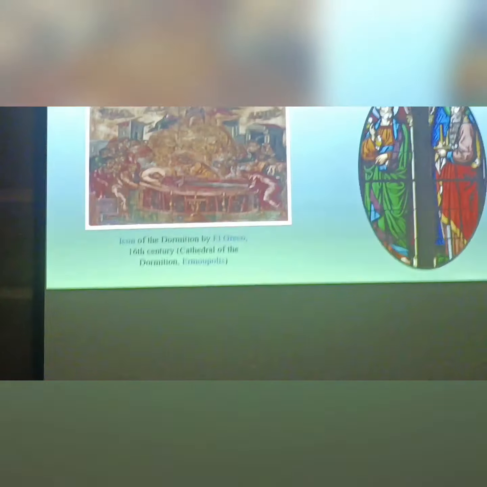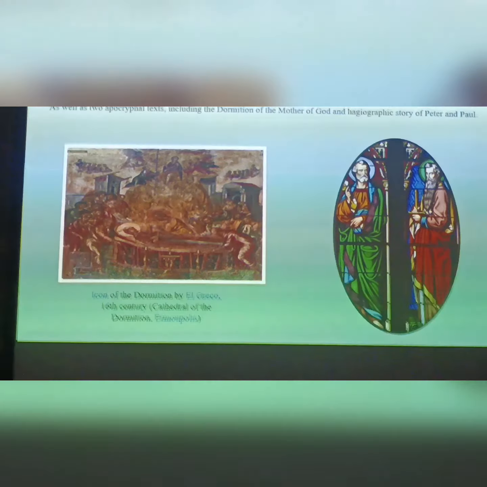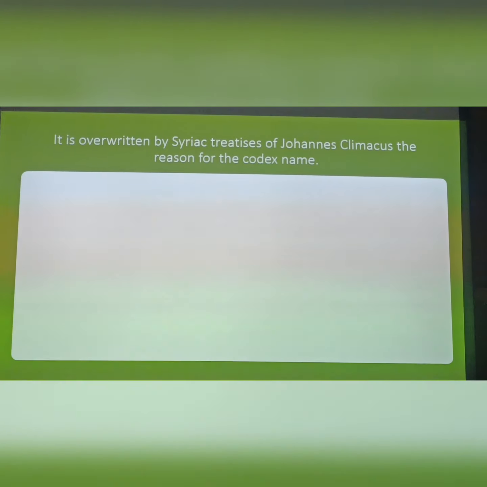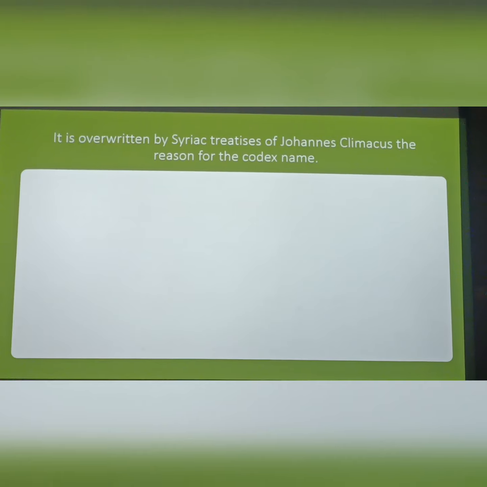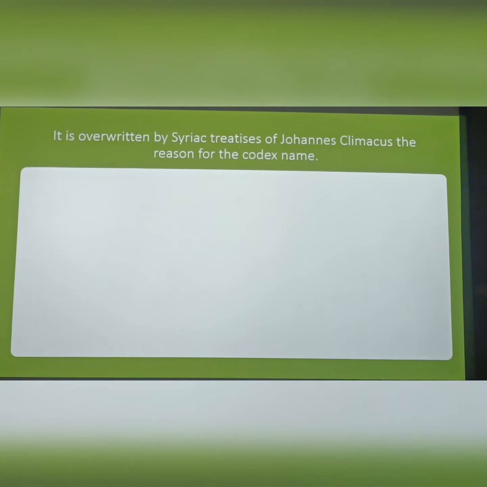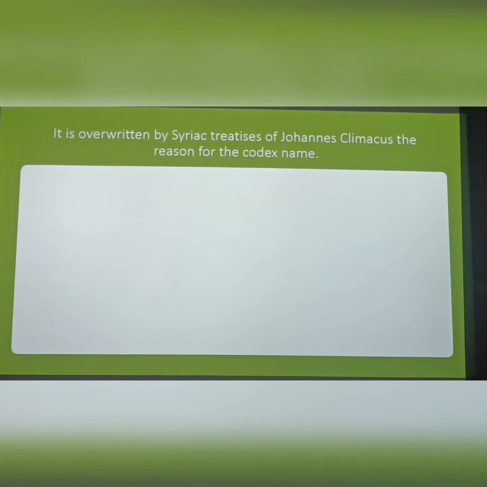On it we have different types of writing: Old Testament, New Testament, and some stories about Saint Peter and Paul, and veneration of the Mother of God, mostly by Christian monarchs.